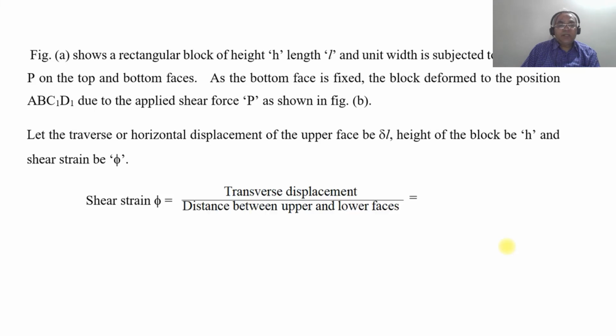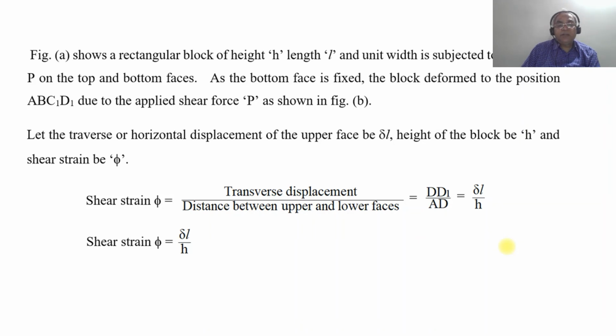So what is shear strain? Shear strain is the transverse displacement divided by the distance between the upper and lower faces. What is the transverse displacement, CC1? It is delta L by h. So shear strain phi will be equal to delta L by h.